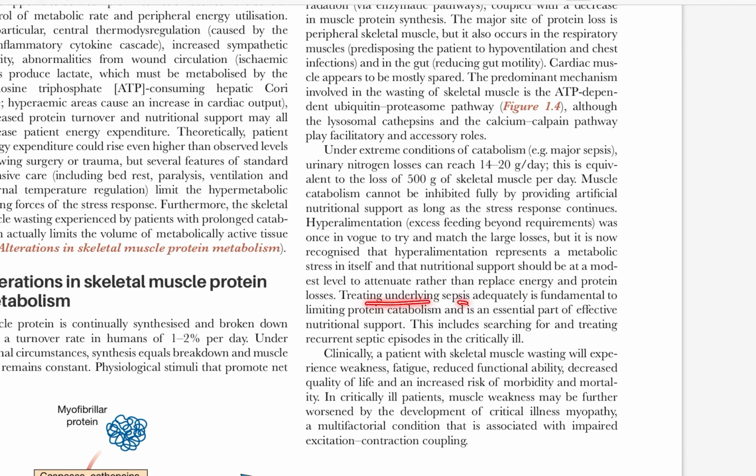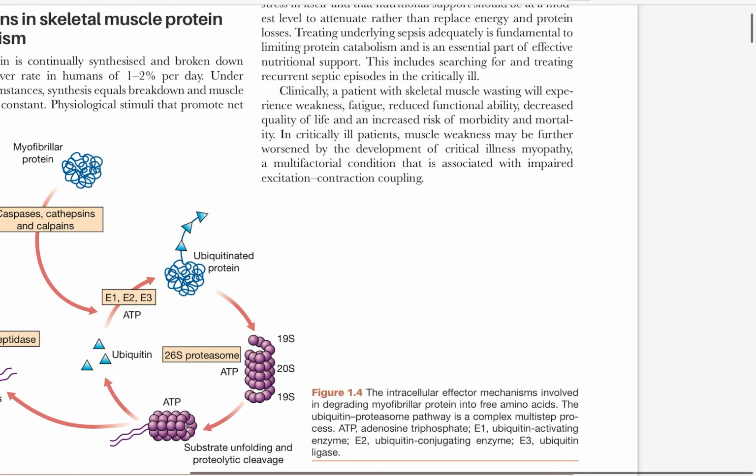Treating underlying sepsis adequately is fundamental to limiting protein catabolism. It is an essential part of effective nutritional support. This includes searching for and treating recurrent septic episodes in the critically ill.